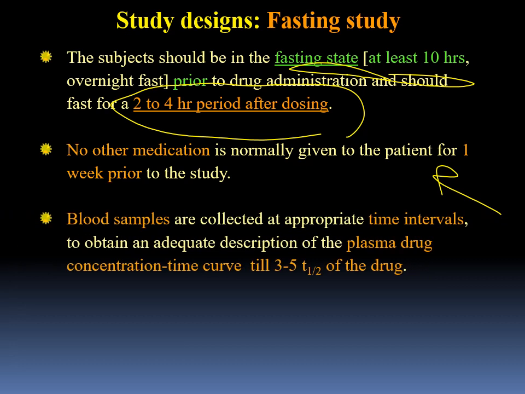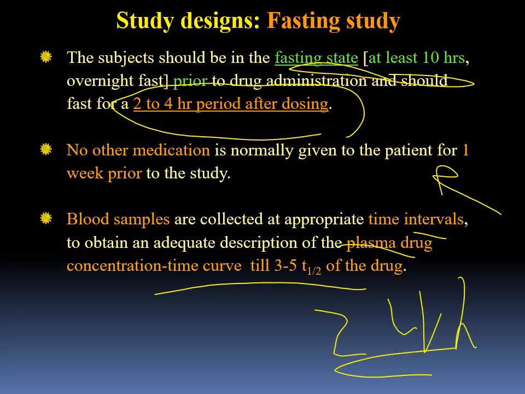Blood samples or urine samples are collected at different time intervals, and as we explained before, we have to plot the plasma concentration time curve, and the study also extends up to 3 to 5 t-half of the drug with a minimum of 24 hours. Minimum of 24 hours. What is the meaning of that?